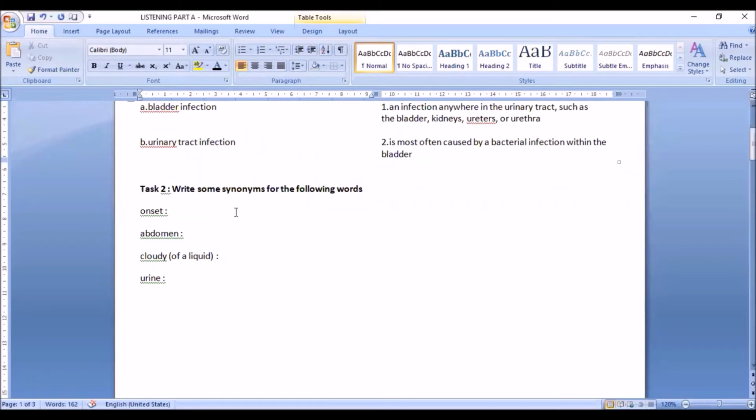Now, we are going to look at listening part A. Some of you have studied listening part A before, some of you haven't. Now, why do you think I wanted us to think of synonyms? Why do you think I wanted us to start by thinking of synonyms for these words?